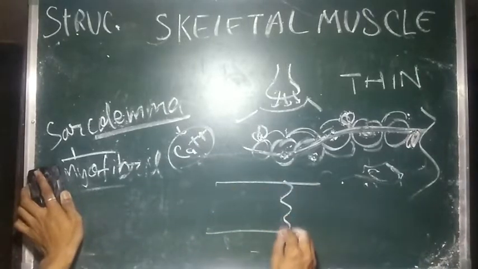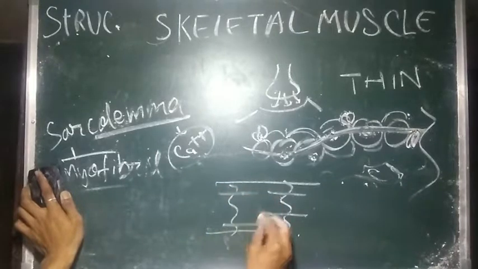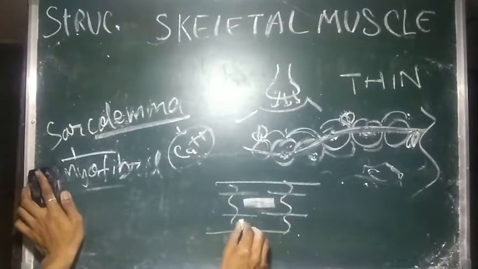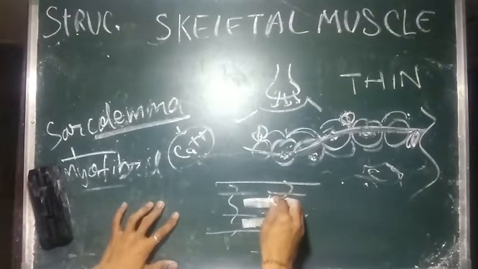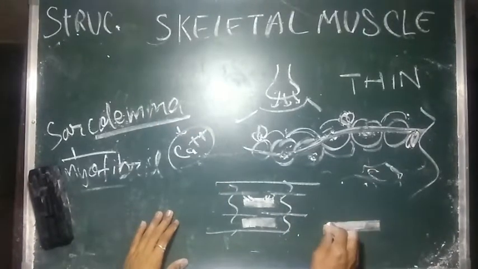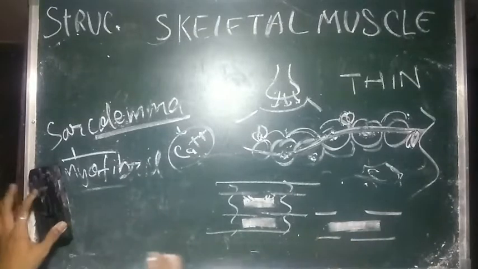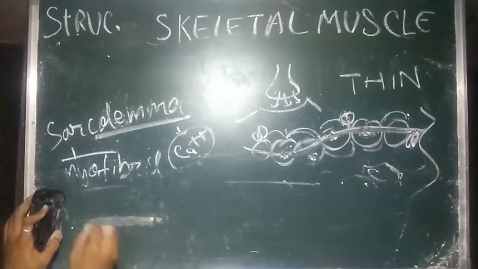So this is the Z line, these are the thin filaments, and this is the thick filament. What I'm saying is that these myosin heads will move. This is the thick filament originally. After contraction, let's see, this is the thick filament, these are the thin filaments.